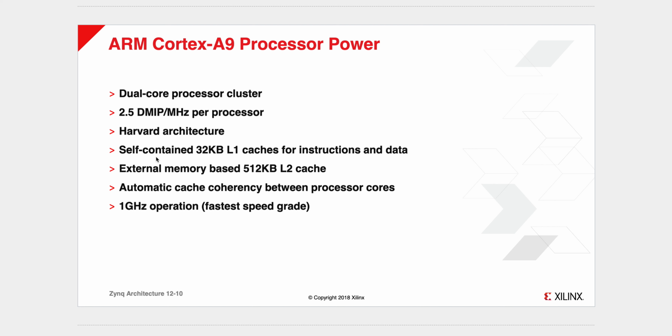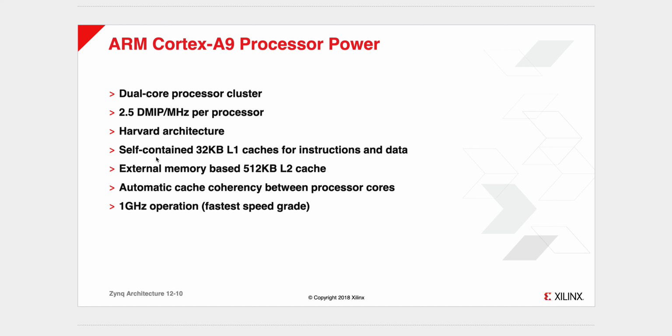So this means that the ARM Cortex-A9 consists of two processing cores, and these cores can execute tasks in parallel. So the advantage of having a dual core processor cluster is that we get parallel processing, which will make the processing system faster.